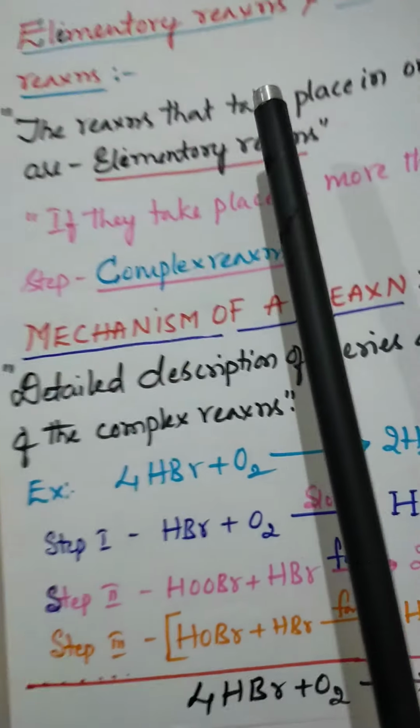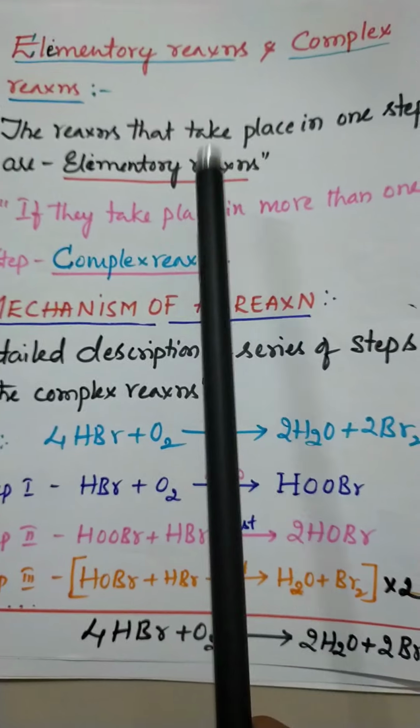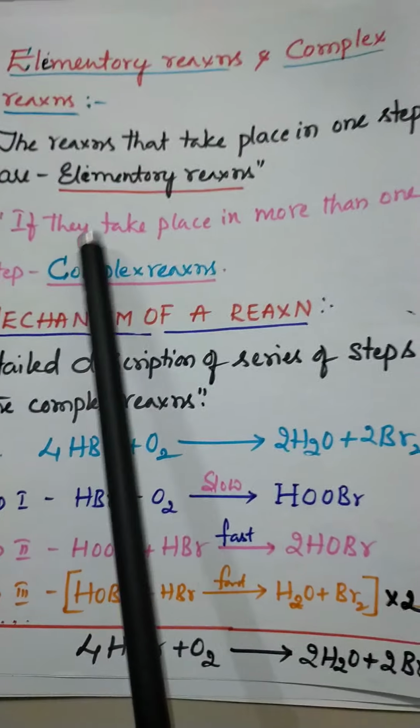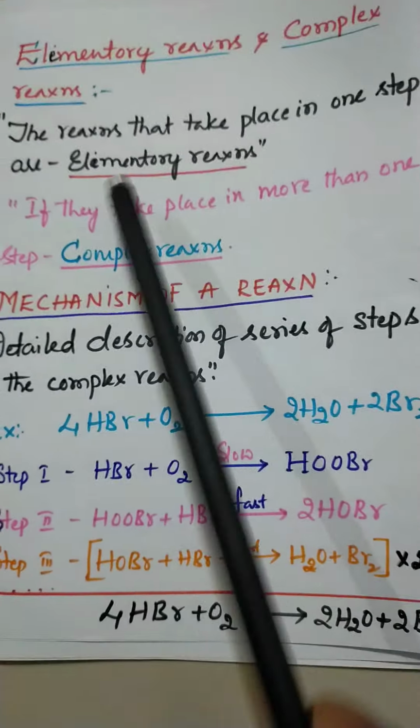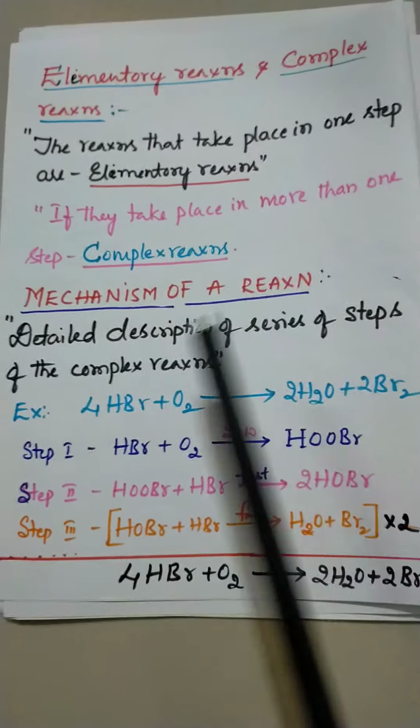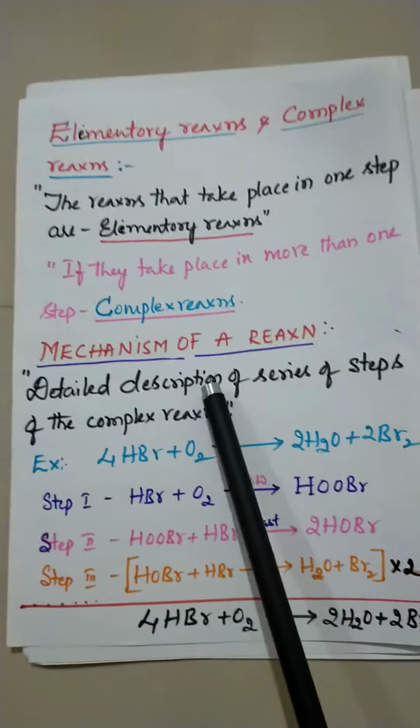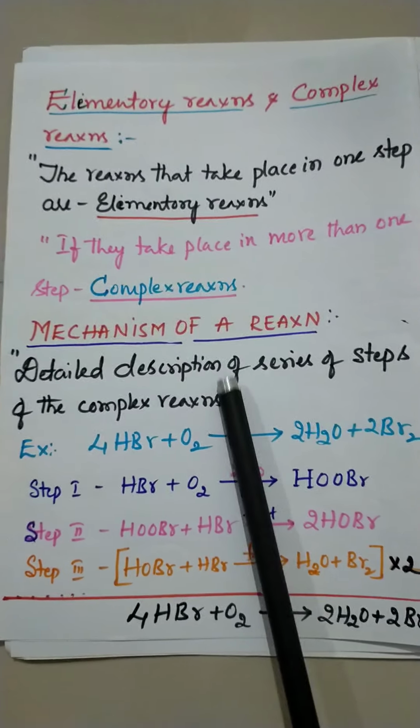The reaction should be in one step only. More than one step should not be possible. If the reaction takes place in more than one step, that's called a complex reaction. Just remember the definition. That's all. Then the mechanism of the reaction means what? Here just go through it.